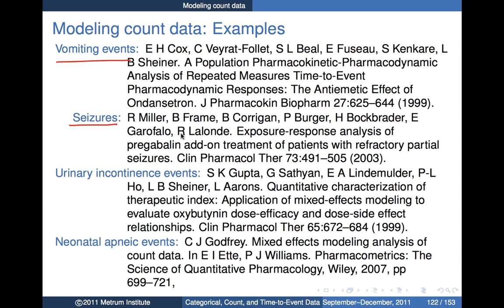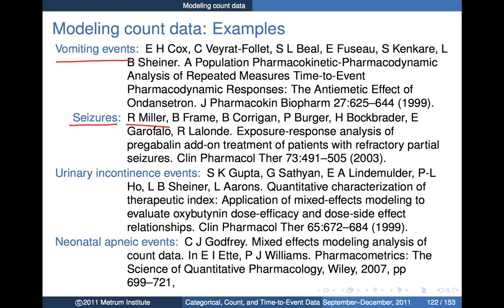This is one here by Raymond Miller et al. You'll also, there's some recent work that's been done by Lavielle and I'm going to forget the other major investigator on it off the top of my head. But they've also developed some interesting models there for dealing with seizure counts.